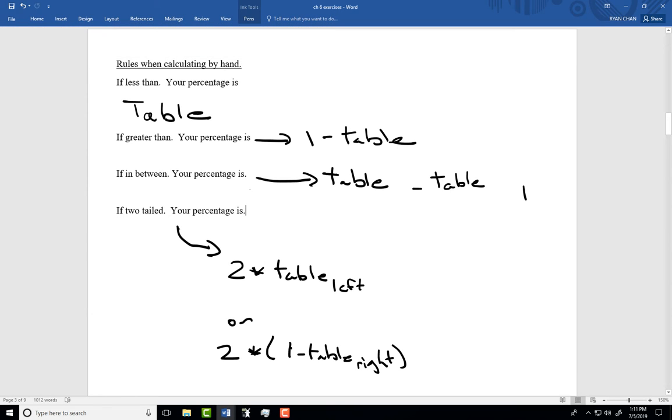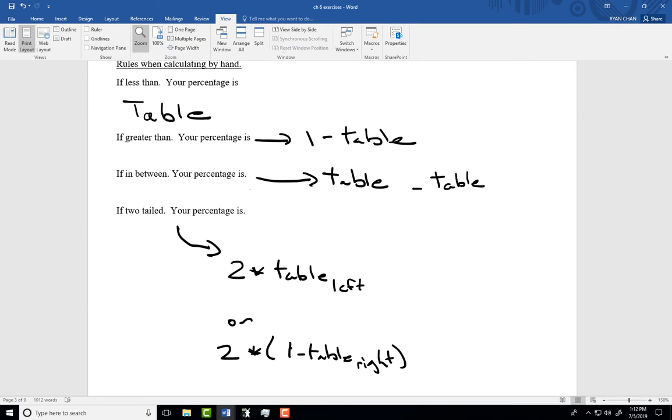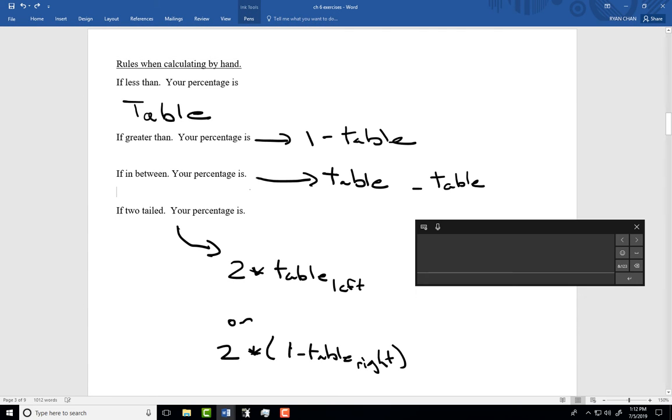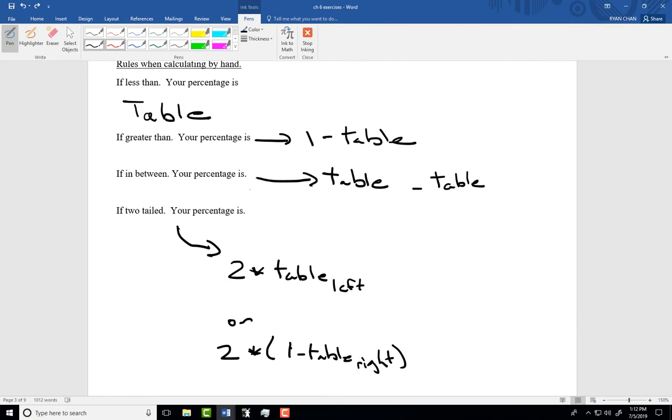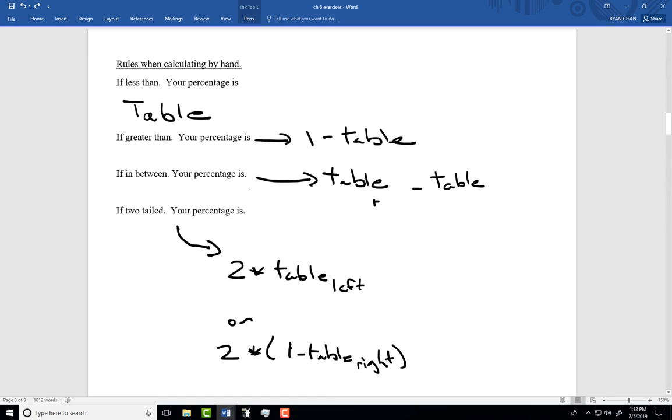Or a better way for the third one is the following: table of the right minus table of the left.